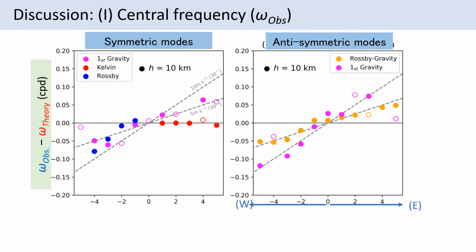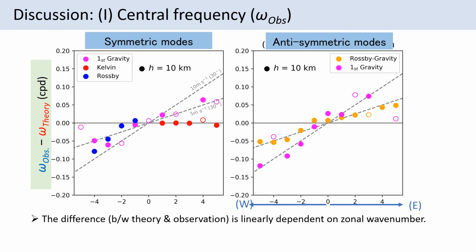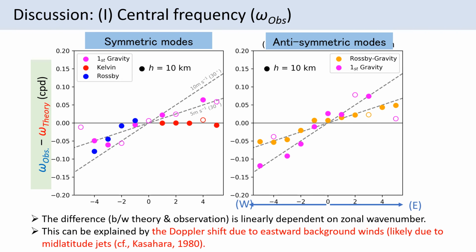And this is about the central frequency, and here shown is the difference between the observation and the theory about the normal mode frequency as a function of wave number. And we see that the small difference is linearly dependent on zonal wave number. And this is likely explained by the Doppler shift due to the eastward background winds.